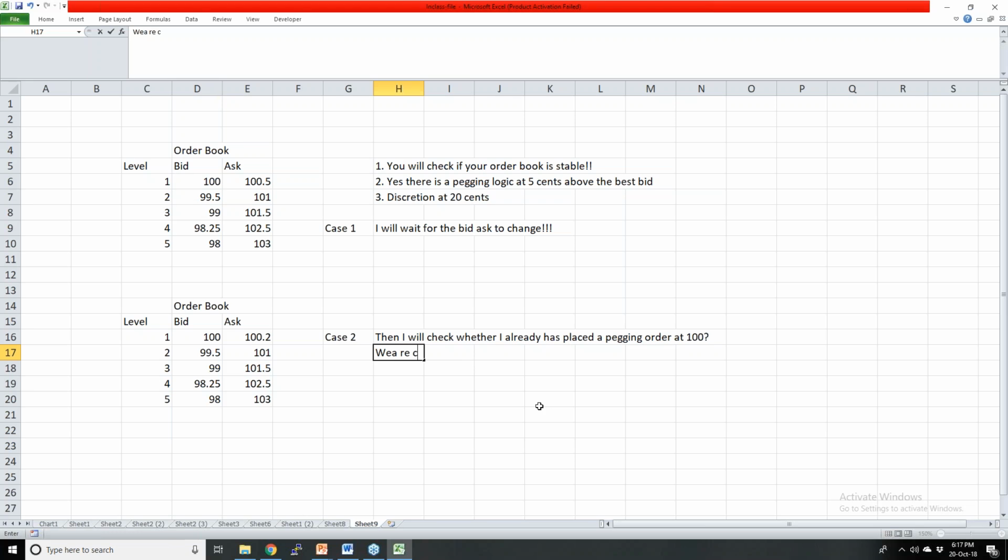We are checking for a pegged order because if we have an open pegged order, then we would have to modify it. Otherwise not. So we should know what all orders we have in our order book.